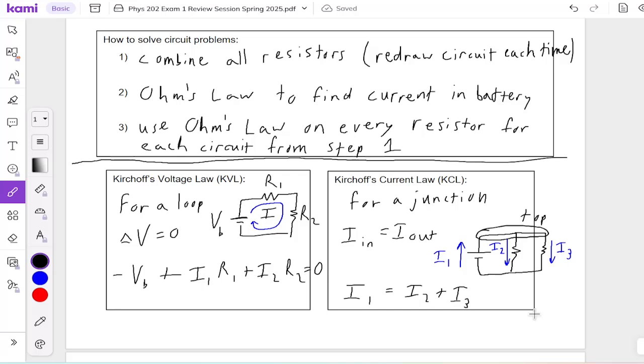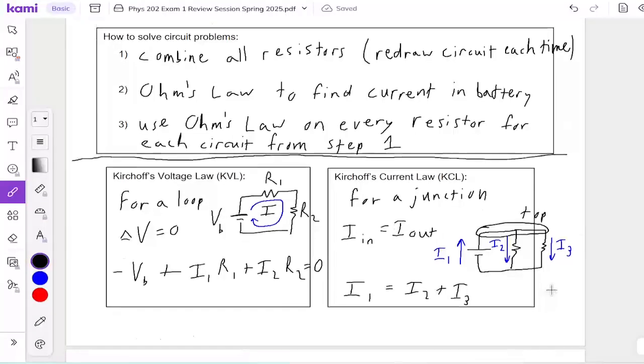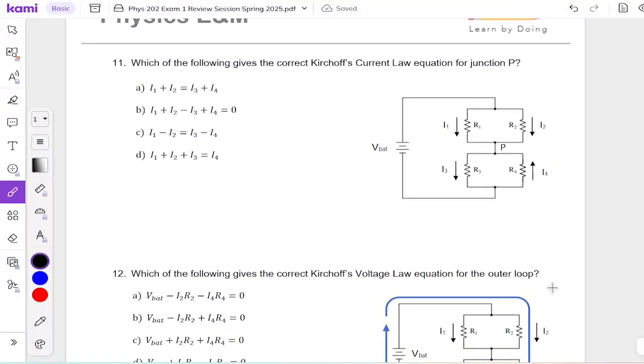The only time you're going to use KVL and KCL is if the question is multiple choice and it really looks like they're trying to use KVL or KCL based on the answer choices. And I'll explain. For number 11 and number 12, I actually tell you to do the current law and the voltage law, so hopefully if you have to use it on the test, they'll tell you.